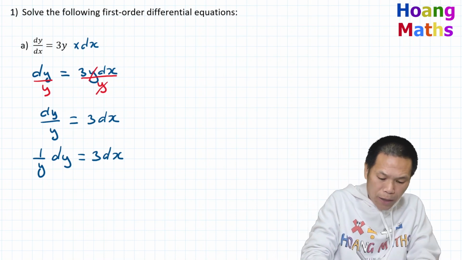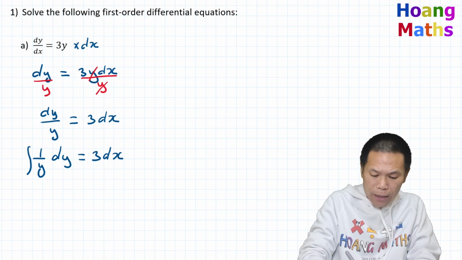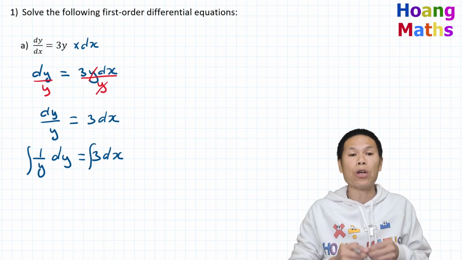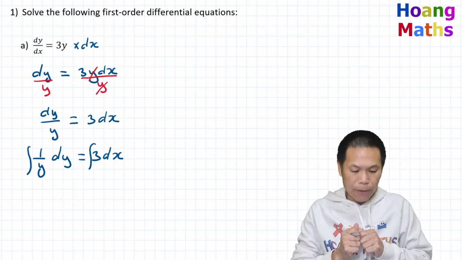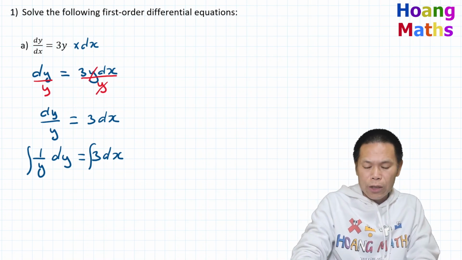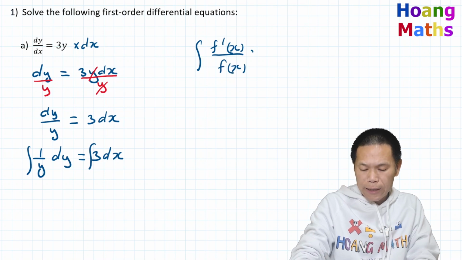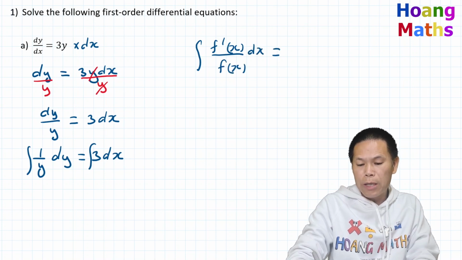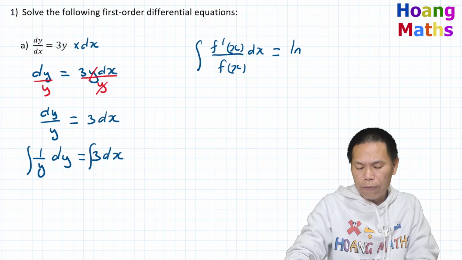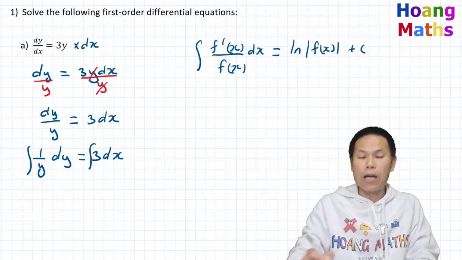If I integrate the left hand side, of course, I need to do the same thing on the right hand side. So don't forget, if we integrate f dash x over f of x dx, that will give me ln of f of x, and we add a c, of course.